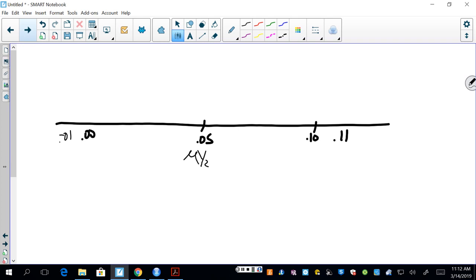The average for y2 was here, but it could stretch all the way up here. Standard deviation of 0.03, 2 times that puts you up at 11%, minus 2 times that puts you down at negative 0.01. And so there's a little bit of probability that you're going to be negative out here and lose money.